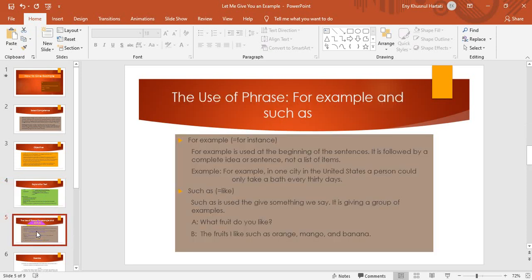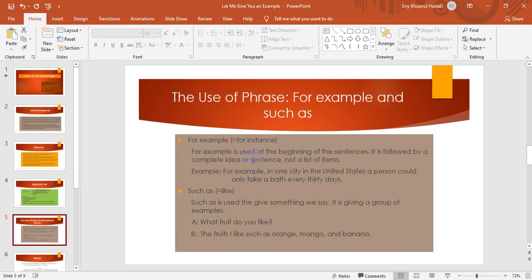The next point about the use of phrase, for example, and such as. For example, means for instance. For example is used at the beginning of the sentences. It is followed by a complete idea or sentence, not a list of items.